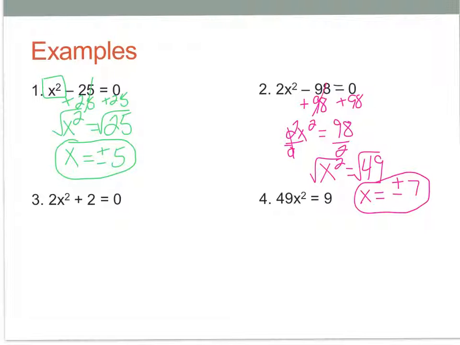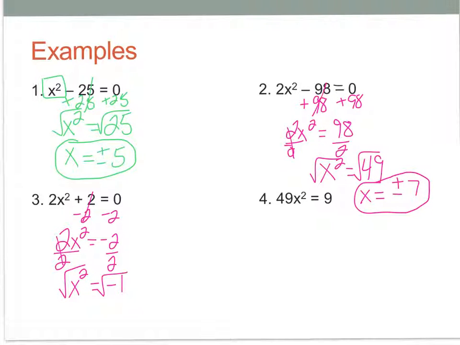All right, how about number 3? Let's subtract 2. We get 2x squared equals negative 2. Divide by 2. So x squared equals negative 1. And the inverse here would be to take the square root.